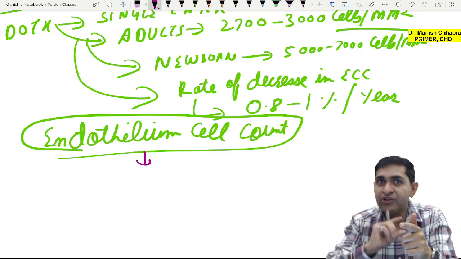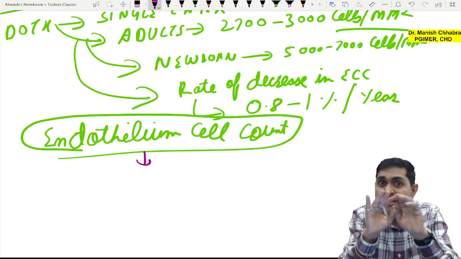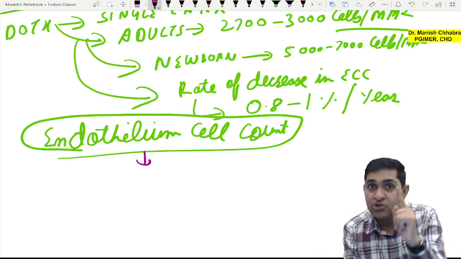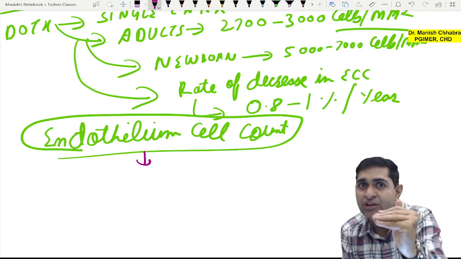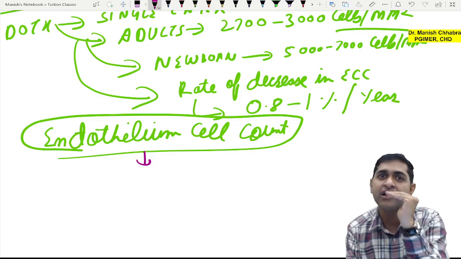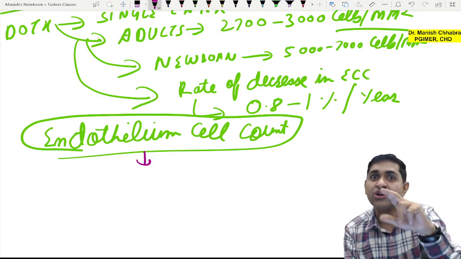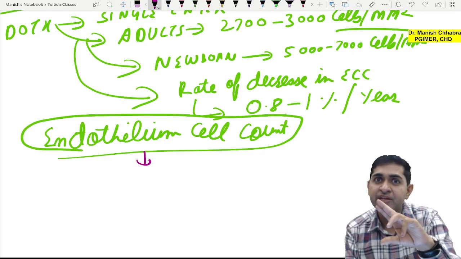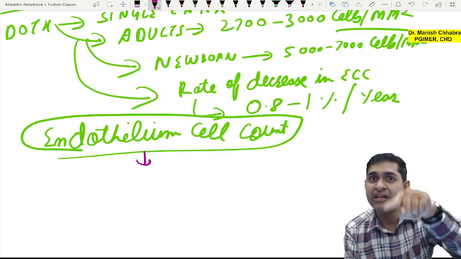Hence the water will not flow out. Hence there will be edema of the cornea. So critical density is that value when the endothelium cell density reduces, under which the cornea will become edematous. There will be fluid in the cornea.